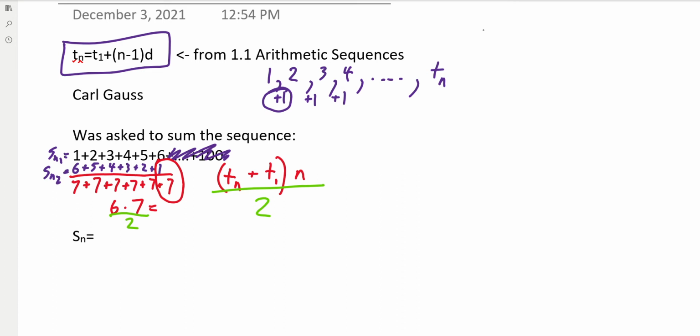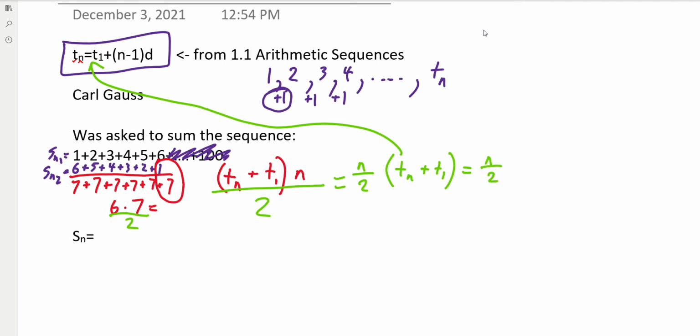This is pretty fantastic because we can now make it more general: tn plus t1. But we can go further because we already know tn simplifies to t1 plus n minus 1 times d.